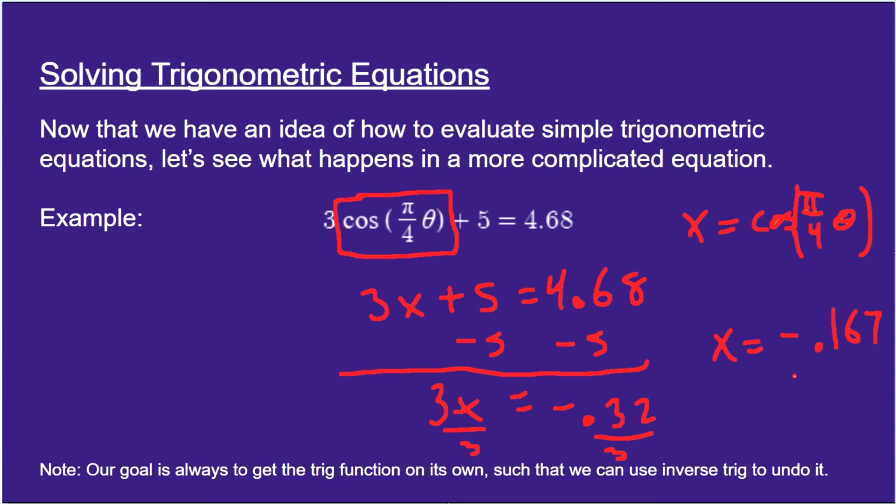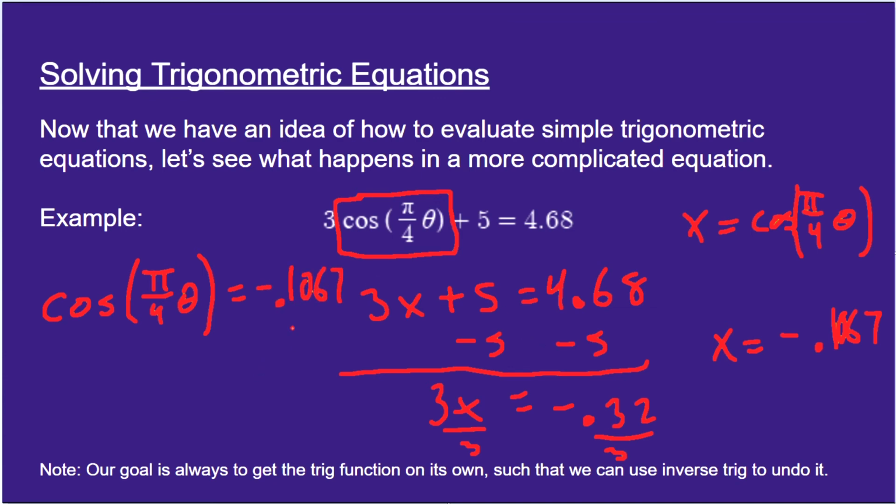I did that wrong at first, oh well. You could use a calculator to do these things. So essentially, guys, what we've found is that cosine of pi over 4 theta is negative 0.1067.